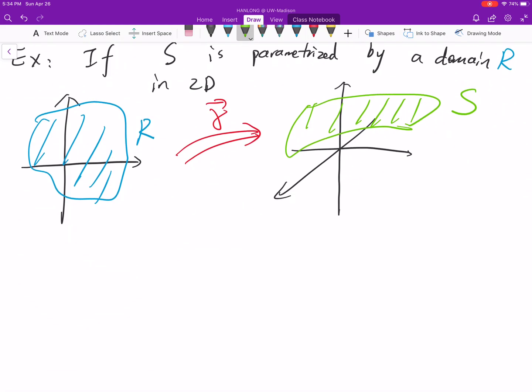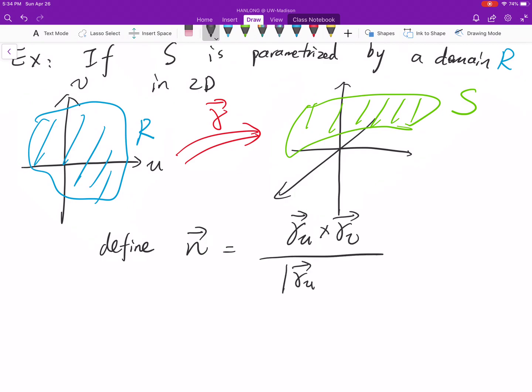So let the parameters be u and v, and define the normal direction to be gamma_u cross gamma_v divided by the norm of gamma_u cross gamma_v. So what's the geometric meaning?